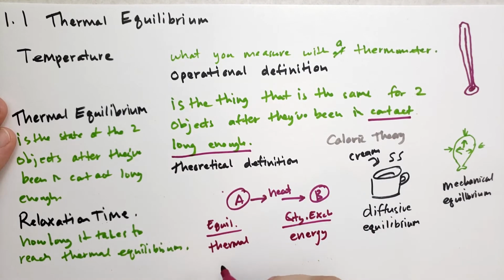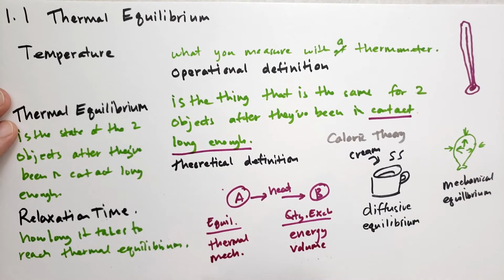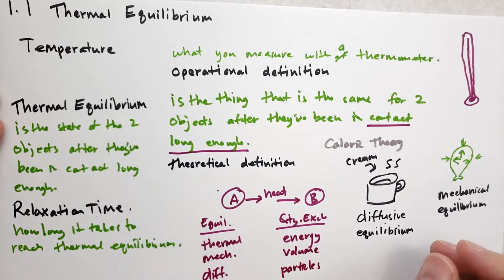We call it heat. When there is mechanical equilibrium, then we had the volume of the two objects reach some kind of equilibrium where they don't change anymore. And then when there's diffusive equilibrium, then we're going to see the particles have exchanged until it's become one cohesive mass.